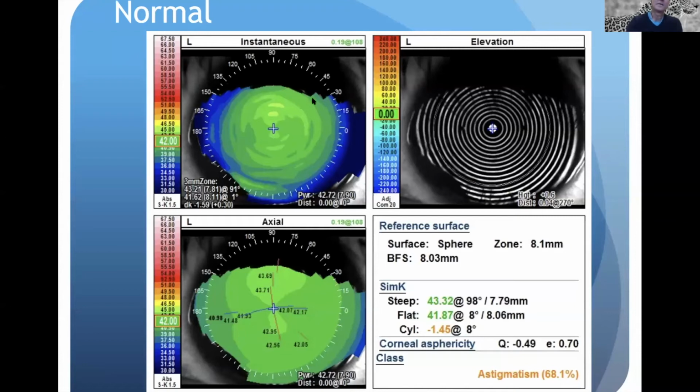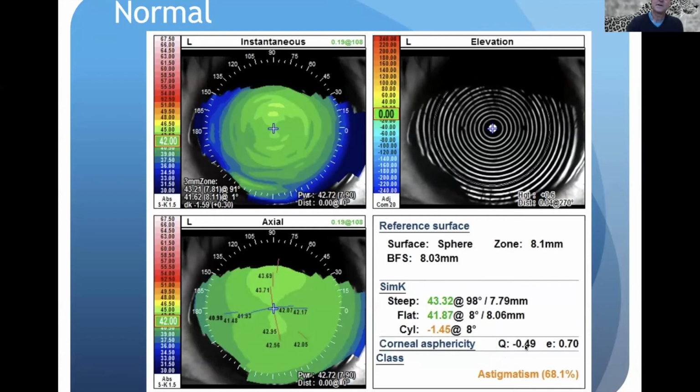We get a little bit more noise, a little bit more variation in the color with the instantaneous or the tangential map. And the axial map is in the lower left-hand corner. We've got nice Placido rings, and on many of the topographers, we get a lot of information. We've got the cylinder calculated for us.